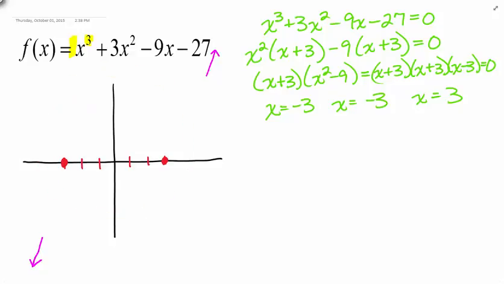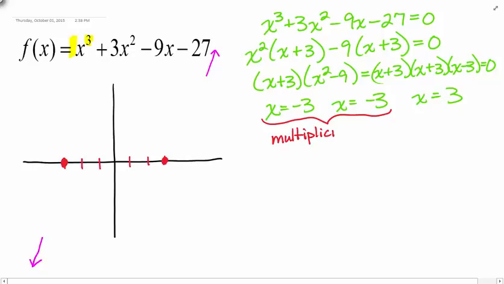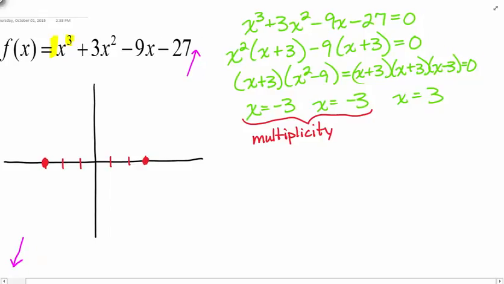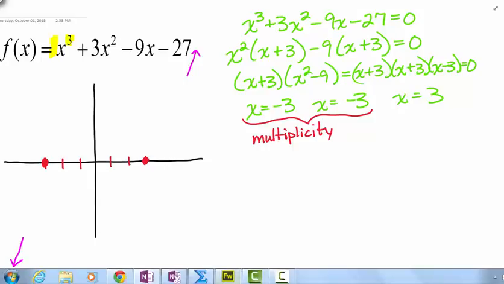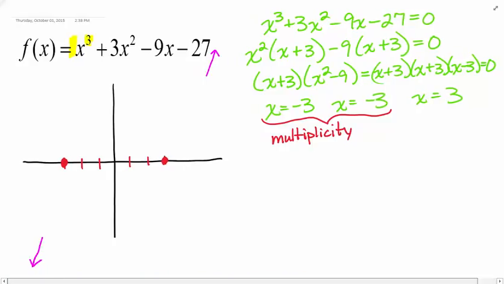Okay, to finish it off, we're going to do step 3, which is to determine the multiplicity. So the multiplicity of a 0 is simply how many times the 0 shows up in this list. How many times is it a 0 of the function? Or another way you could think about it is, we know that minus 3 was a 0 because we had this factor, x plus 3.